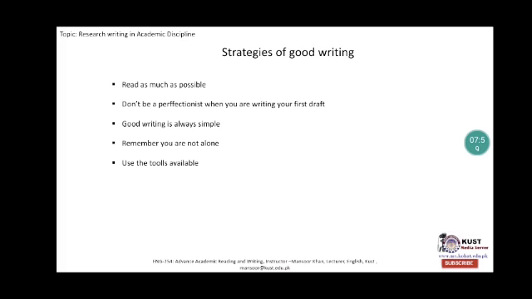In English you can't use digits or words related to mathematics. Same is the case with other institutions and writings: you will have to be specific in the field. You will have to use vocabulary according to your field. So good writing is always simple.